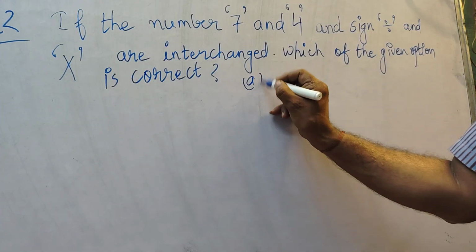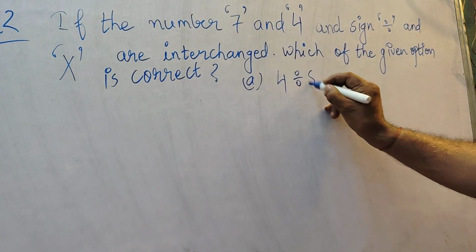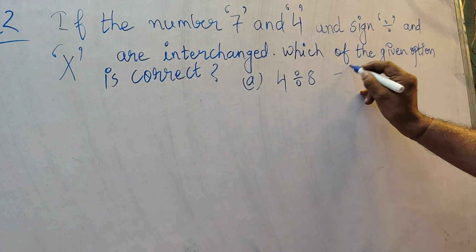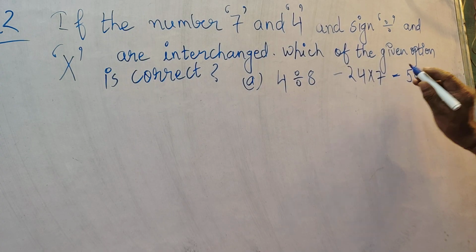So A option is 4 divide 8 minus 24 multiply 7 equal to 50.